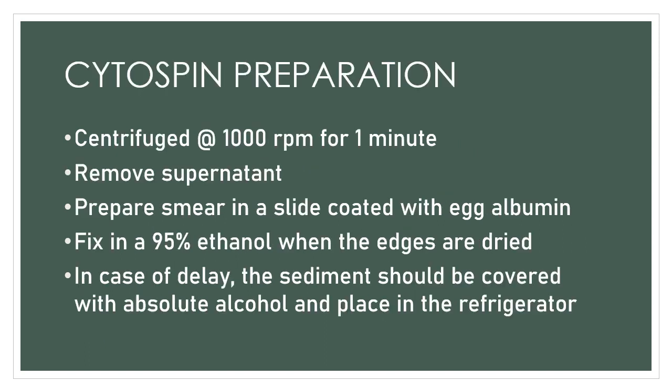Have here your cytospin preparation. Okay, and so accordingly, you use a centrifuge. The sample should be centrifuged at 1000 RPM for 1 minute, and then remove the supernatant, and then prepare your smear in a slide coated with egg albumin.